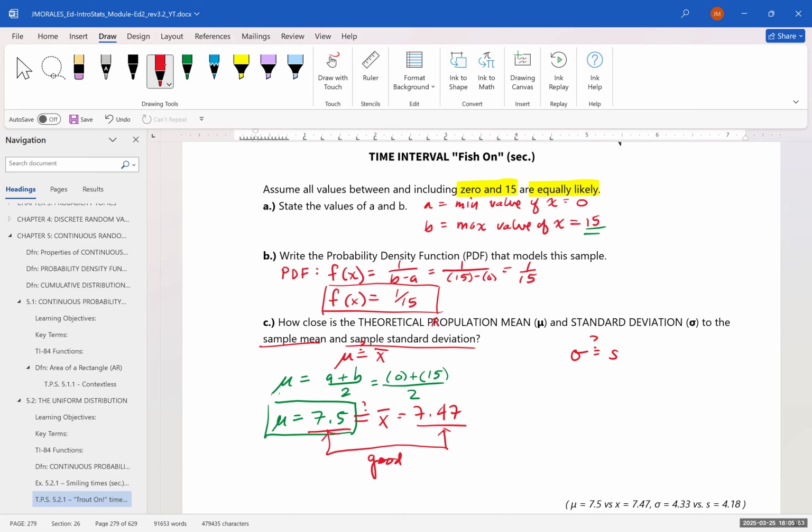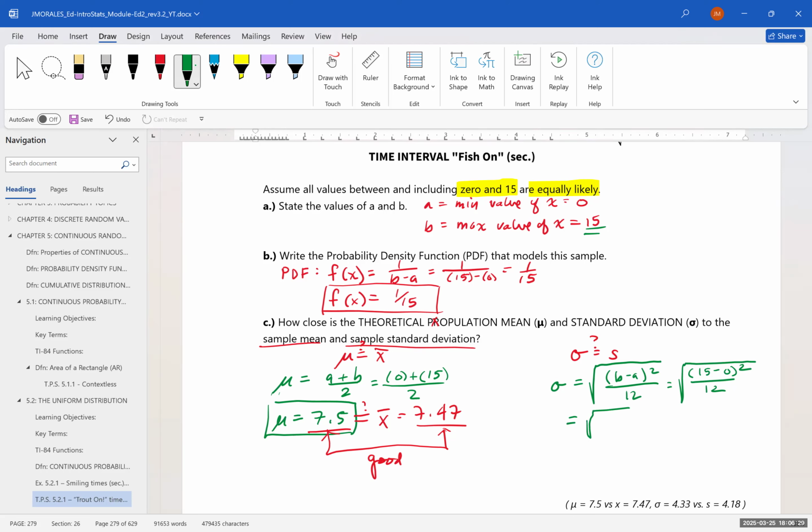Now let's calculate the theoretical population standard deviation. It's equal to the square root of (b minus a) squared all over 12. Let me make this just a little bit smaller so I've got more room. Okay, b is 15 minus a, which is 0, squared, divided by 12.